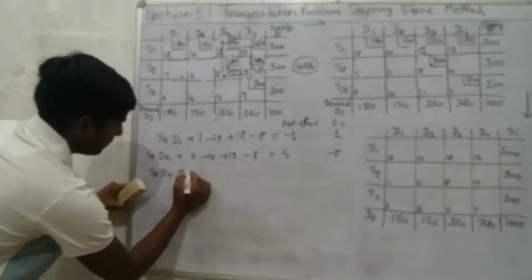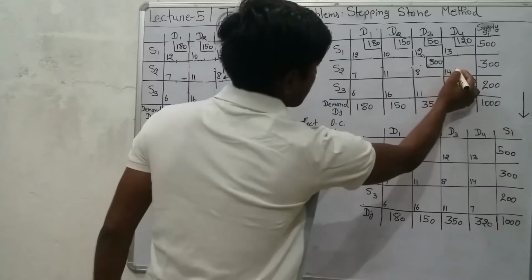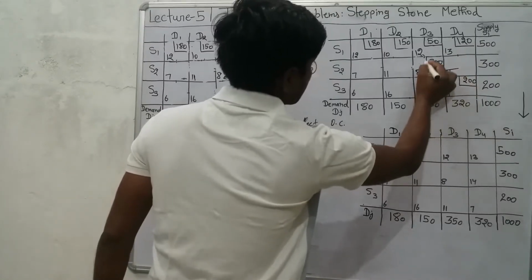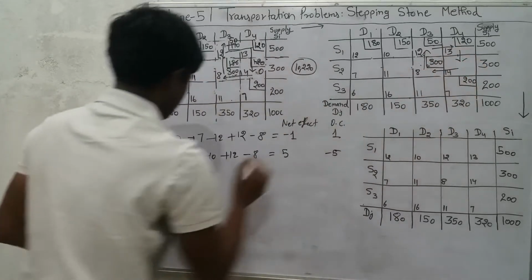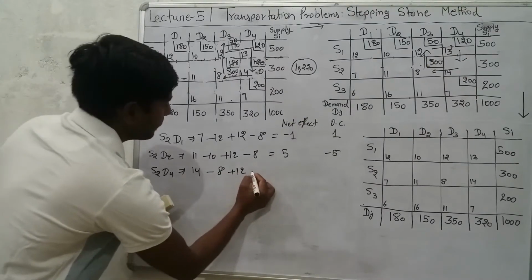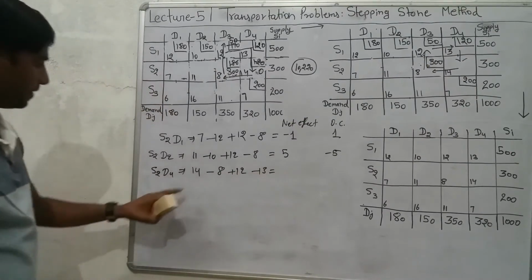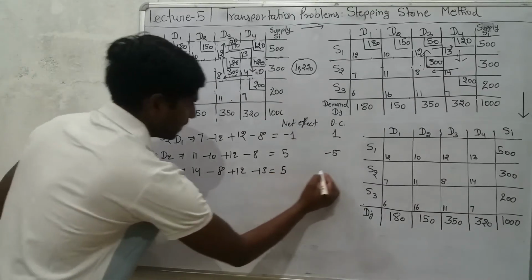So the sign would be plus 14 minus 8 plus 12 and minus 13. So the net effect would be 26 minus 21, 5, that is equal to minus 5.